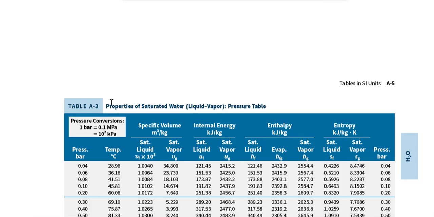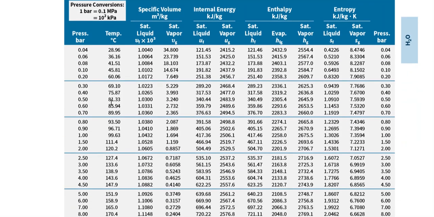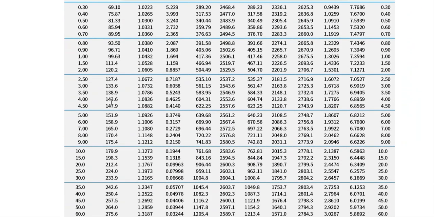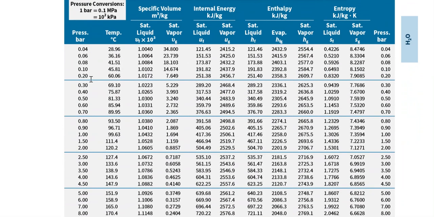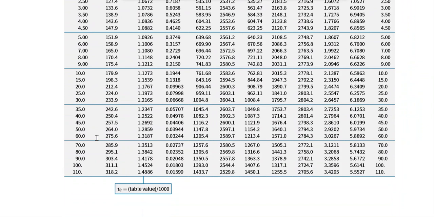Moving to the saturated liquid-vapor pressure table, finding the pressure of 8 megapascal, which is 80 bar. The unit over here is bar. So at 80 bar, the saturation temperature is 295.1, so obviously at 8 megapascal, 480 degrees centigrade, our steam would be in a superheated region.